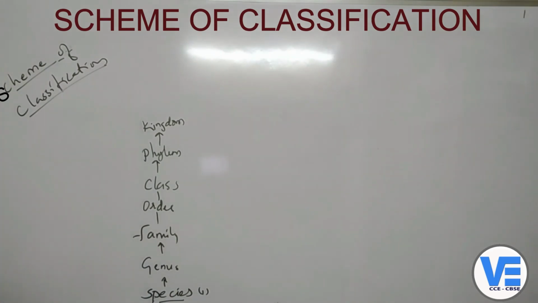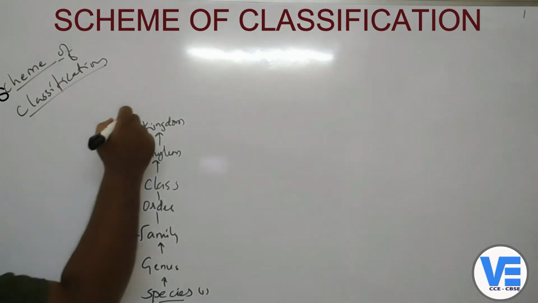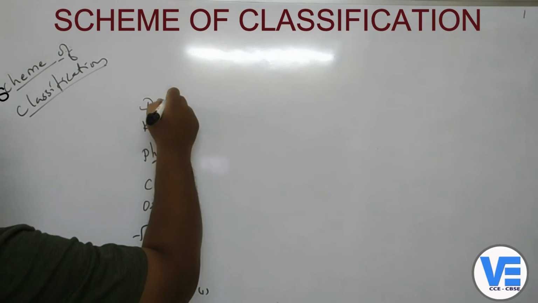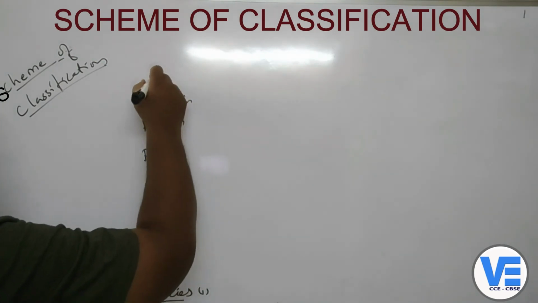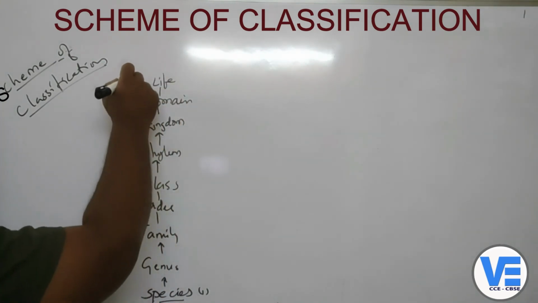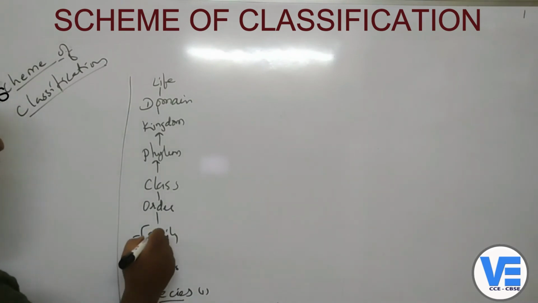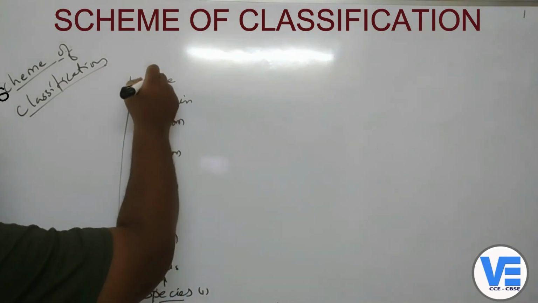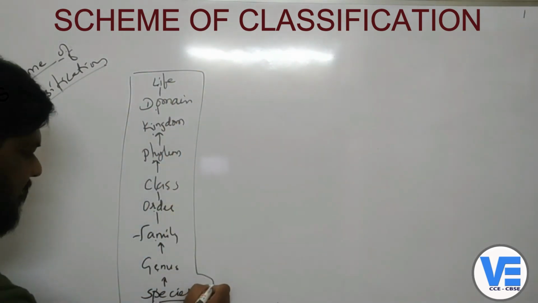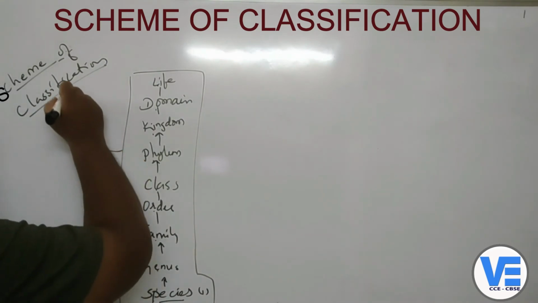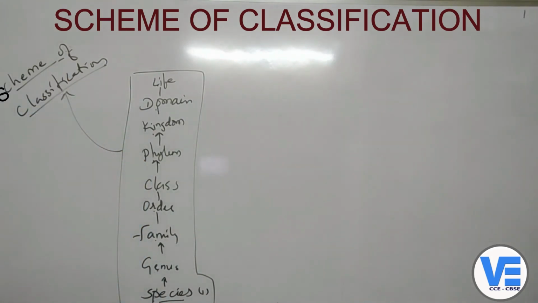And then comes the domain. Then comes life. So all these, 1, 2, 3, 4, 5, 6, 7, 8, 9 divisions are called the scheme of classification. That is how the scheme of classification is done.